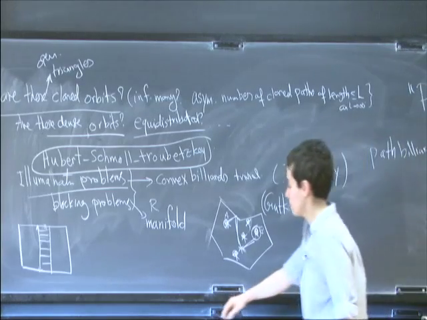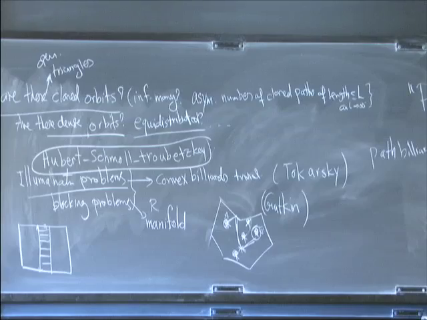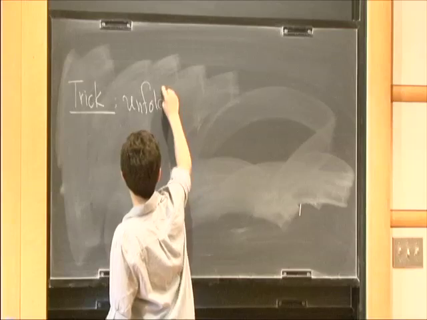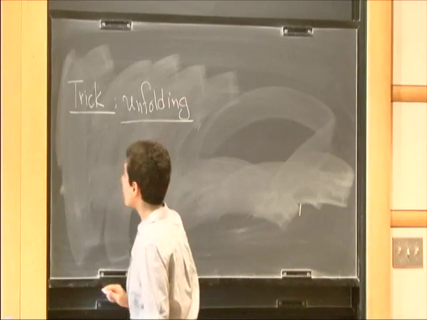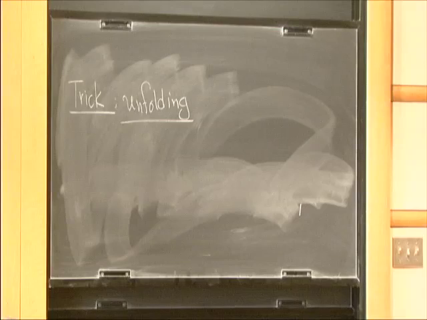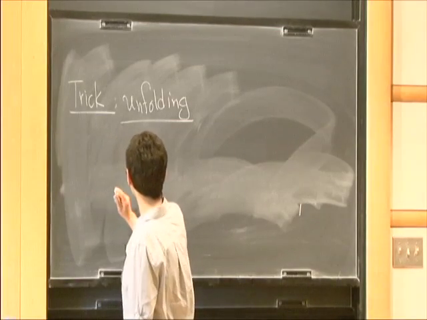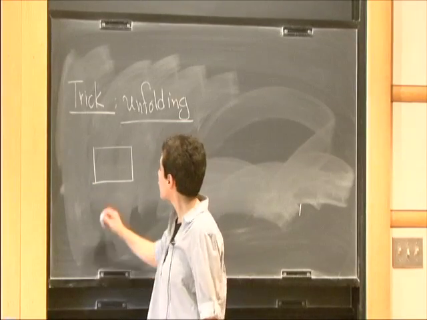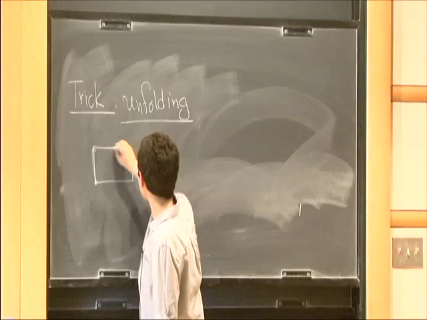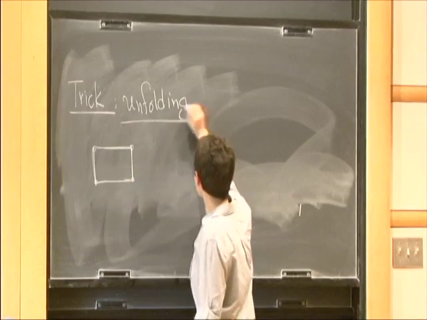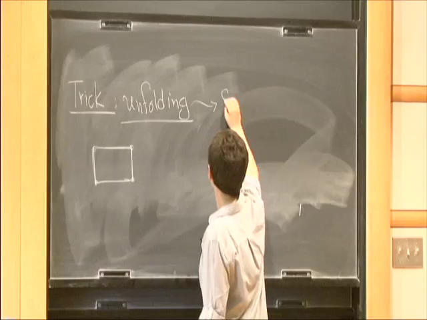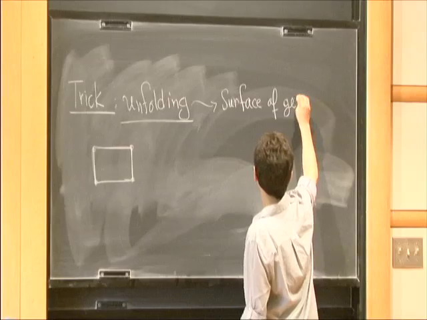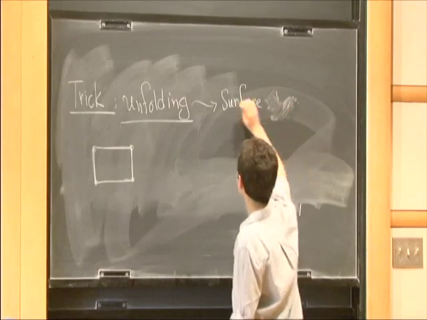So rational polygons. Let's see, what can we do with them? Why are they interesting? For one thing, the main trick is unfolding, which says that if you start with a polygon, say, with edges which are parallel, like a square or a rectangle, the goal is to get into playing it on a surface, sometimes a compact surface.